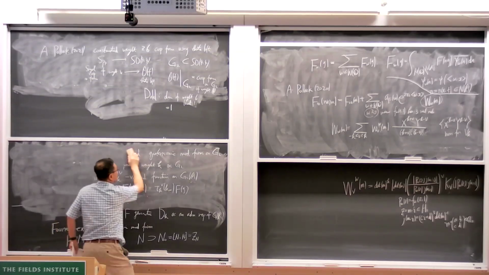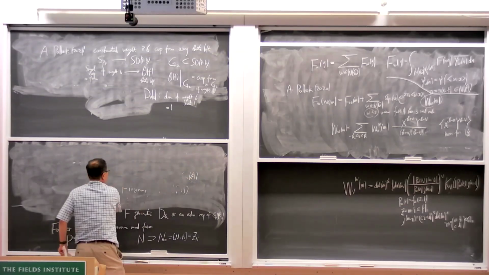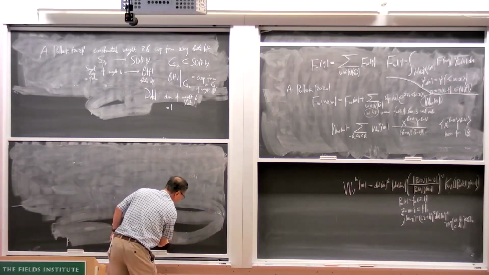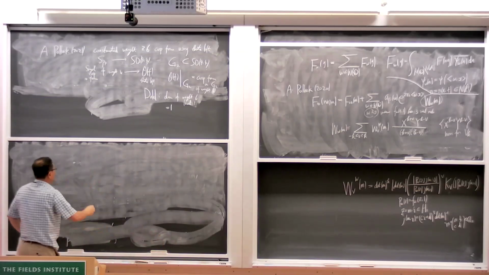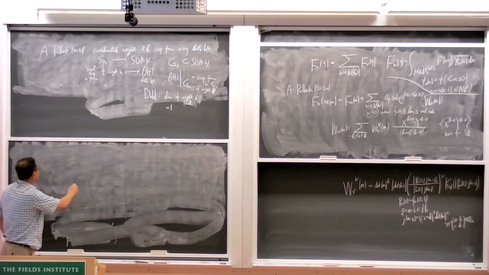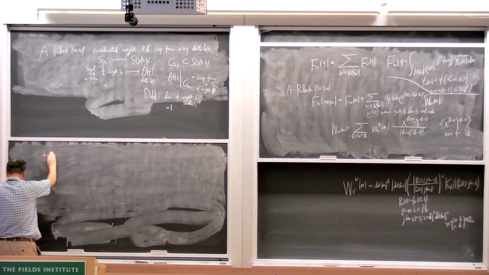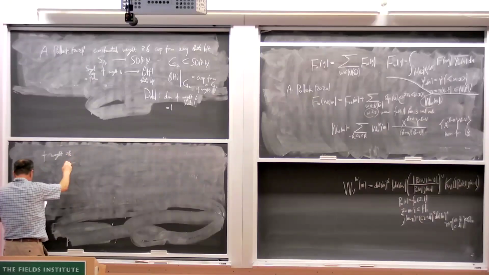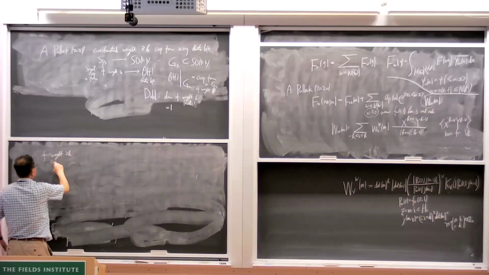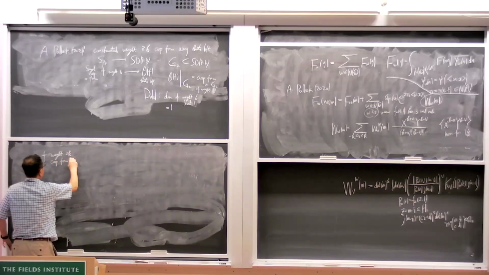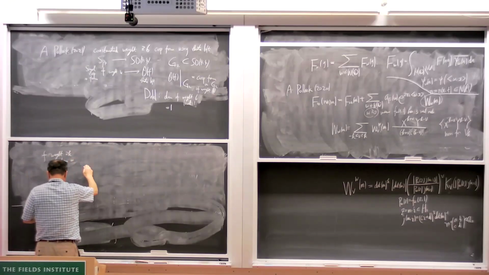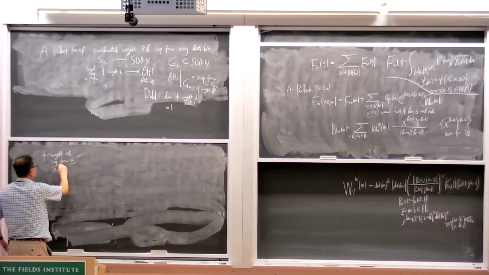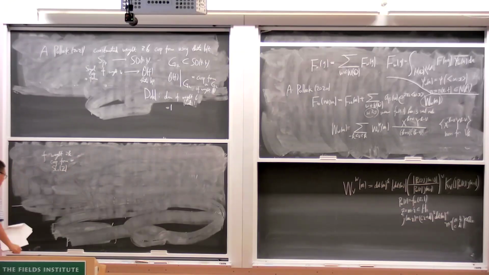All right, so now let's start with a weight 2k cusp form on, let's do the level 1 case, SL2(Z).